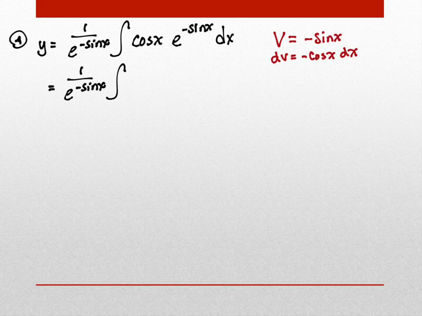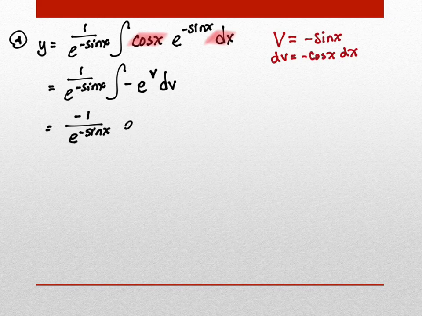There's the cosine of x and the dx, but there's not a negative. So I need to introduce a negative in here. I'll just put it right here. And then I still have the e, and my exponent is now v, and I have the dv. So then you can pull the negative to the front if you wish. So we can make this negative 1 on top and e to the negative sine x on bottom if you want. What is the antiderivative of e to the v?